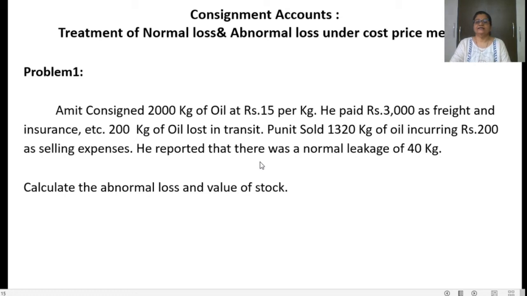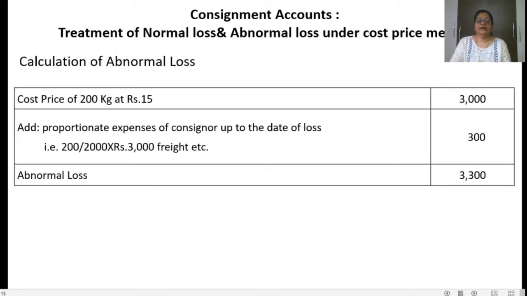Now we have to understand that in the same problem there is an abnormal loss of 200 kg plus normal loss of 40 kg. So when both are there, let us see how the calculation of abnormal loss and closing stock is done. As I said in the beginning of the class, in a normal way we do the abnormal loss calculation. 200 kg lost in transit is abnormal loss, 200 kg into cost per kg 15.